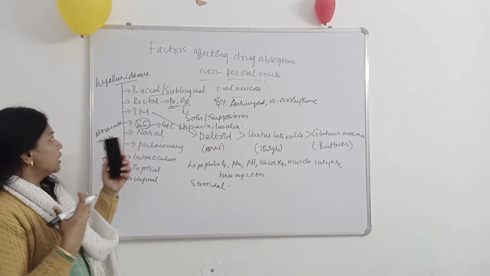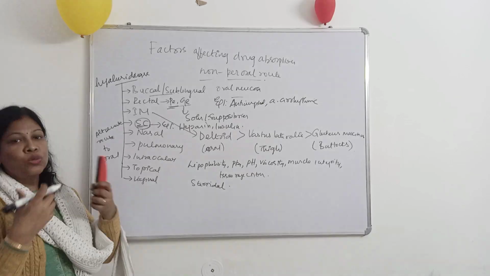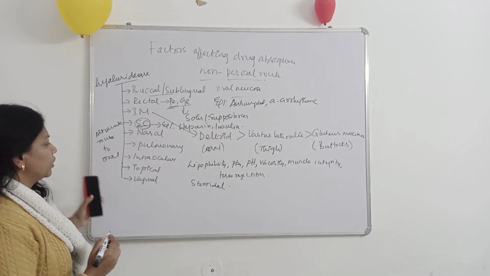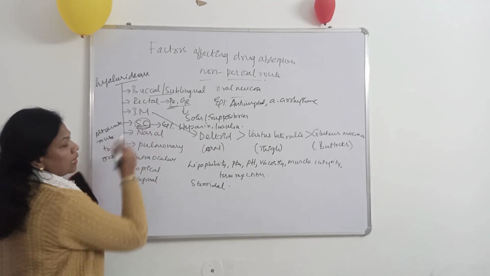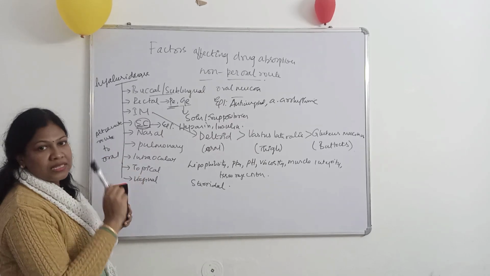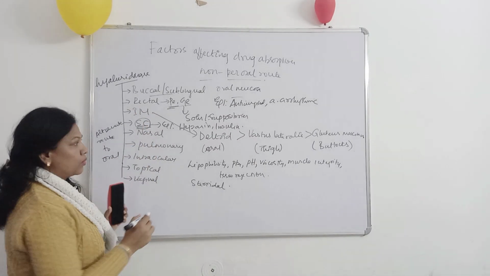So the connective tissue has to be loosened and broken down by means of this enzyme hyaluronidase. So we can enhance the absorption of drug through the subcutaneous route either by increasing blood flow or by utilizing this enzyme, that is hyaluronidase.